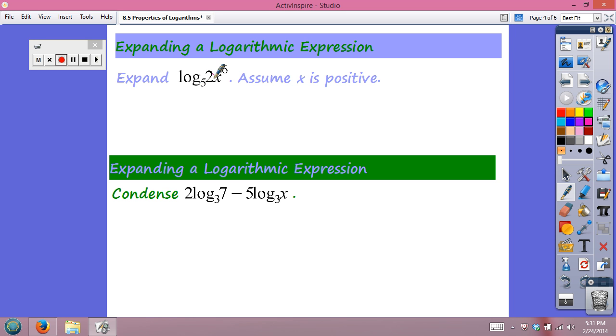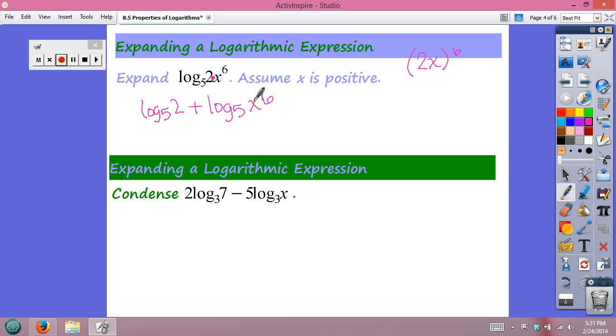I see a product here, 2 times x to the 6th, and I also see an exponent. The only problem is this does not say 2x all to the 6th power. So we have to do the product first because that 6 is only on the x, right? So if we use the product property first, that will give us log base 5 of 2 plus log base 5 of x to the 6th.